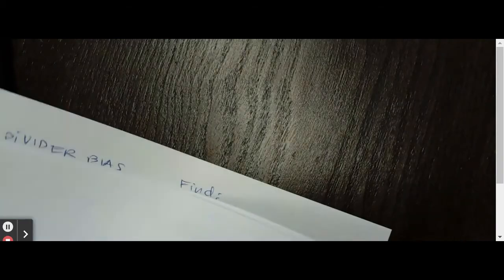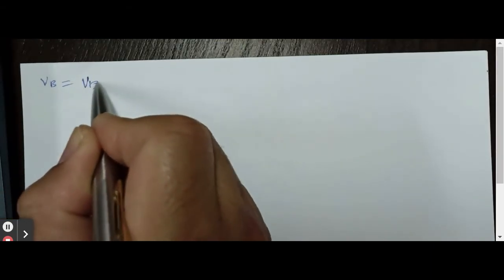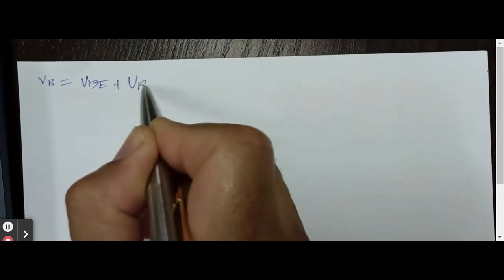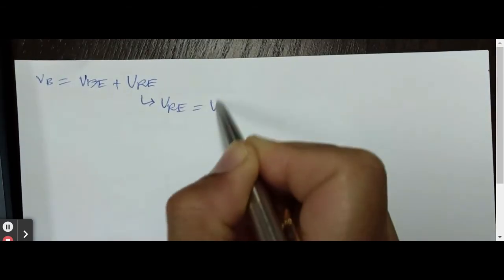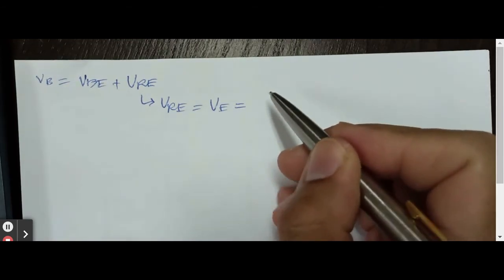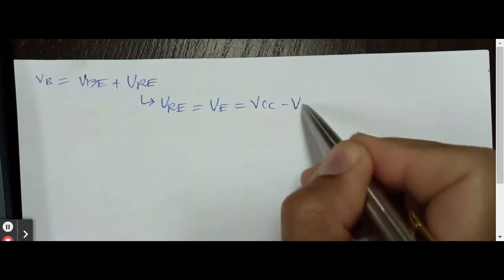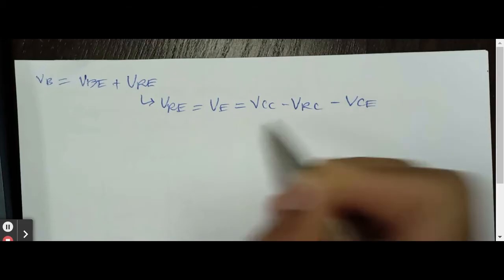So for the calculation of VB, to calculate for VB, this will be equal to VBE plus VRE. And VRE is also equal to VE, and that's equal to VCC minus VRC minus VCE.